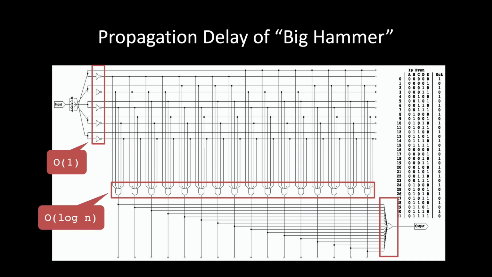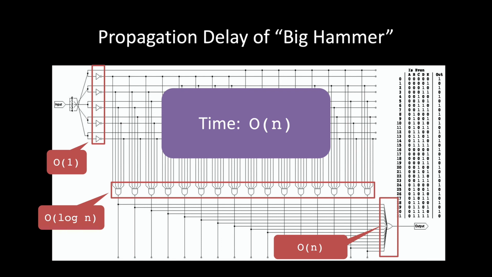Finally, the OR gate has 2 to the n inputs, so its time is big O of the log of 2 to the n. Now, because these two operations, 2 to the n and log n, are just inverses, this simplifies to big O of n. These 3 stages happen in sequence, so to get the total propagation delay, we just add them together, which gives us an overall propagation delay that's big O of n.